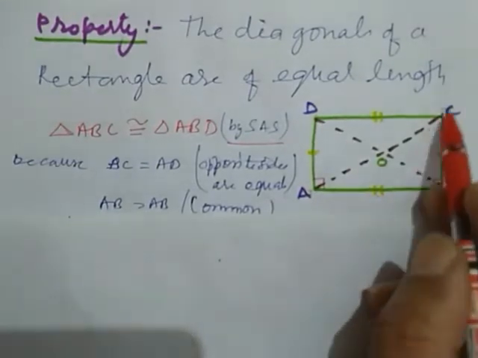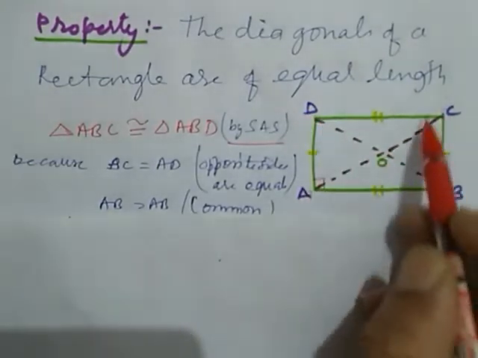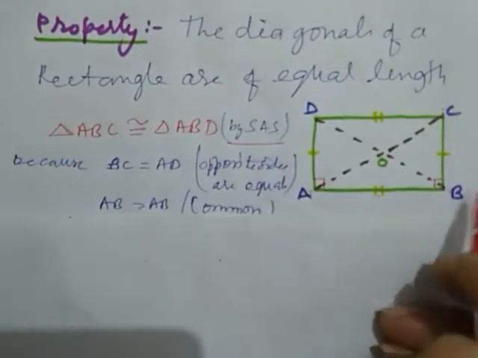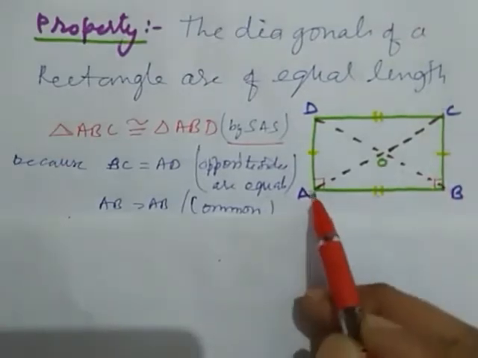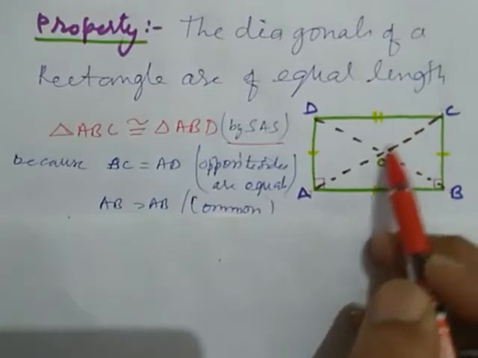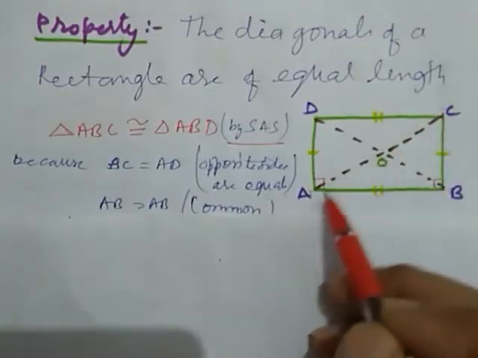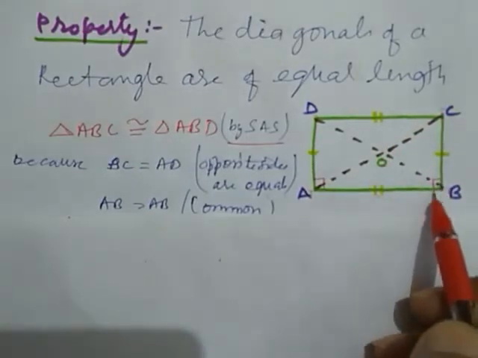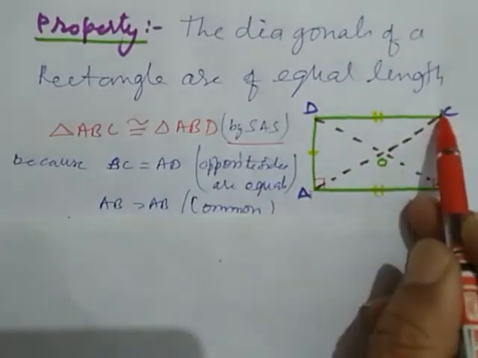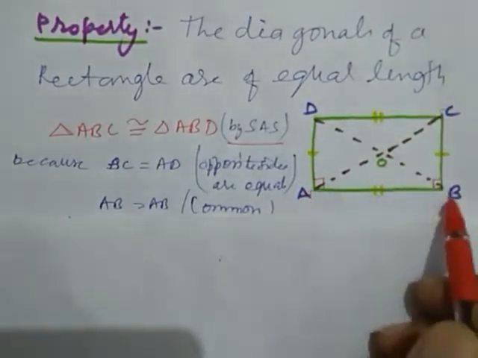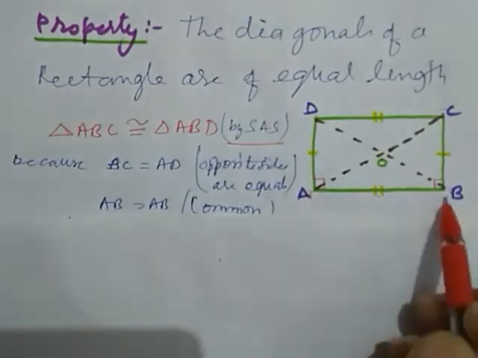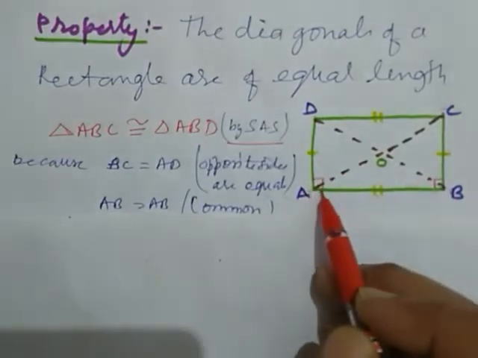When both these diagonals intersect each other, then what happens? Here ABC is a triangle having a right angle, so this is a right triangle, and ABD is also a triangle having a right angle.